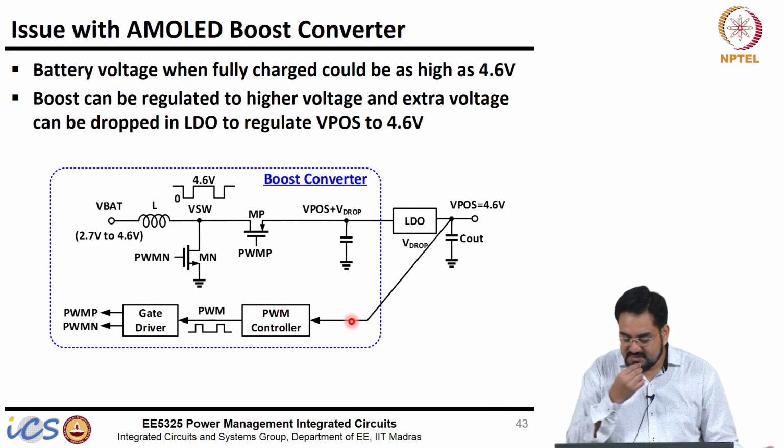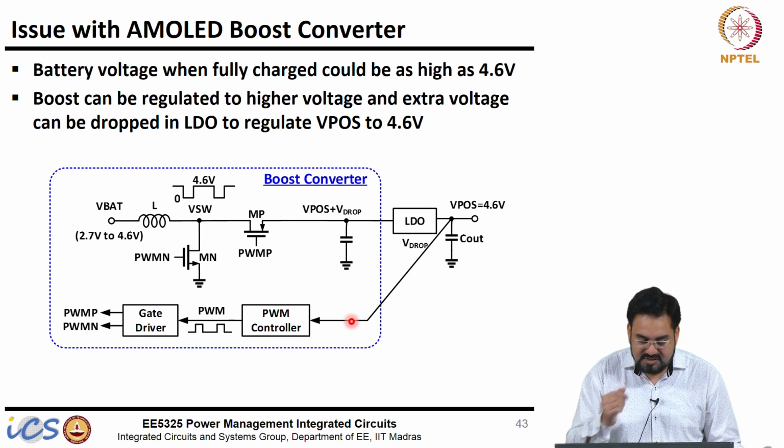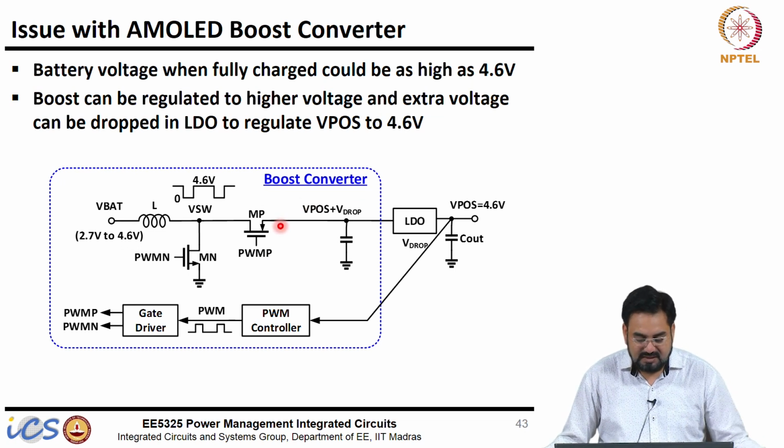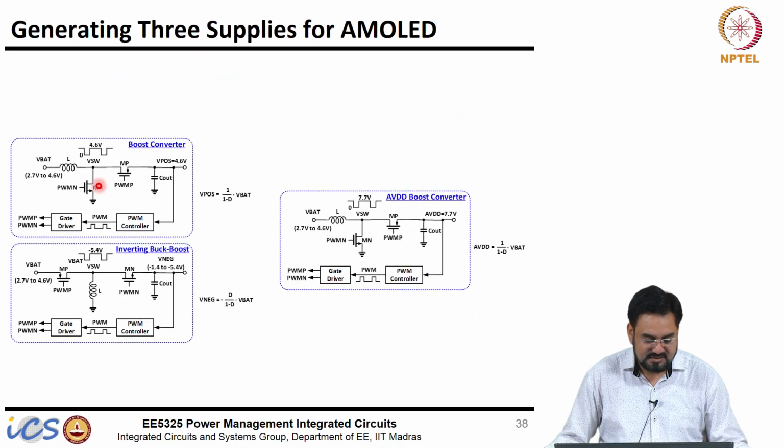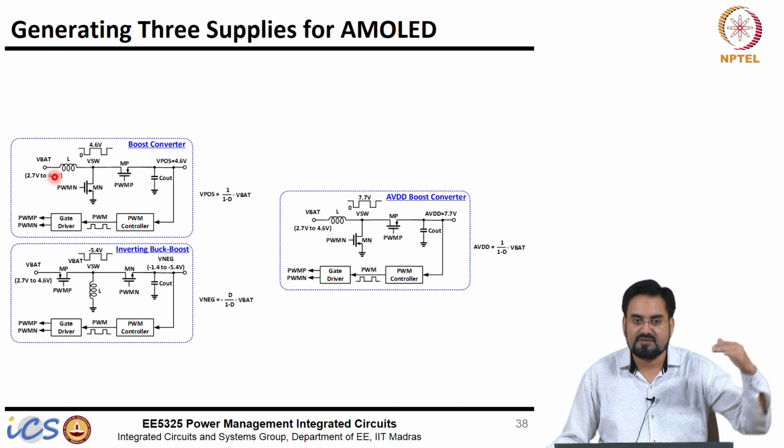There is an issue with this positive AMOLED boost converter, and we know it requires a fixed 4.6 volt. Your battery voltage, we know, goes from 2.7 to 4.6 volt. So what would happen when you are very close to your maximum voltage, say the battery is fully charged?